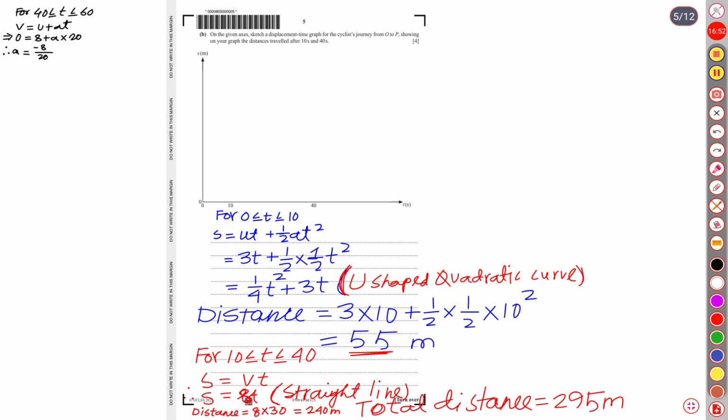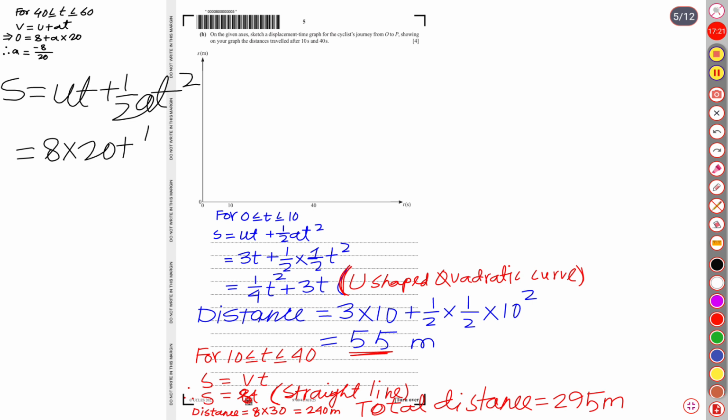As we know the acceleration and time taken by the cyclist, we can find now s. Our s is equal to the same concept we are going to apply. s is equal to ut plus half a t squared. So displacement is going to be, initial velocity was 8 and time taken by the cyclist for coming to rest was 20, because 40 until 60 means 20, 20, plus half of it is negative because he was decelerating.